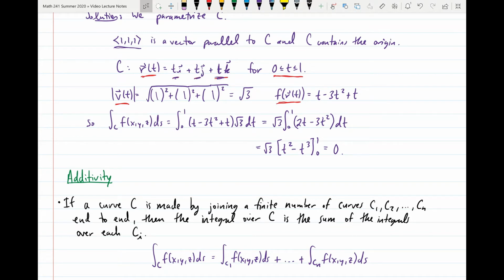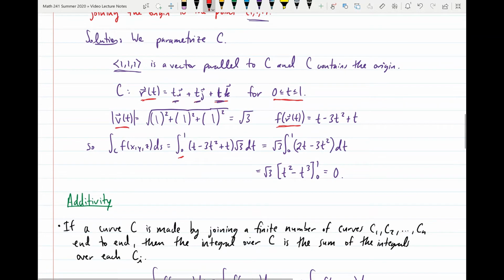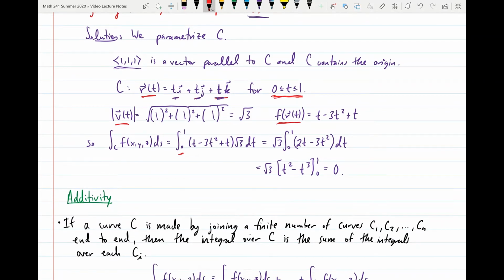So the line integral of f of x, y, z over the curve C is equal to the integral from 0 to 1. The 0 to 1 comes from our parameterization, because t is between 0 and 1, of t minus 3t squared plus t, so that's f of r of t, multiplied by the square root of 3, which is the magnitude of the velocity, dt.